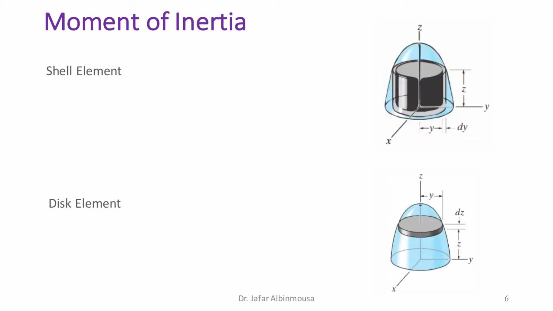Depending on the geometry of the rigid body, there are standard volume elements like the shell element and the disk element as shown here in those two diagrams. So for the shell element, we will have the volume dv is equal to 2 pi y multiplied by z dy, and for the disk we have dv is equal to pi y square dy.